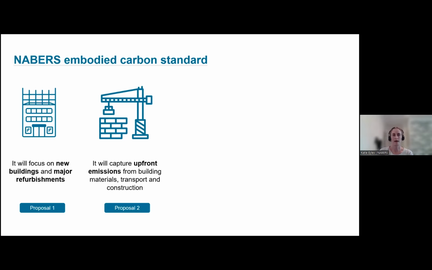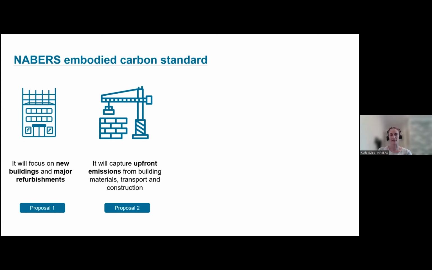The reason why we went with upfront emissions was that if we were looking at whole of life, there are a lot of assumptions about what might happen in the future. And we really wanted to be focused on solving the big critical problem that we have right now, which is making better decisions in design and construction, and really getting started on that big problem at the moment of making better construction decisions.